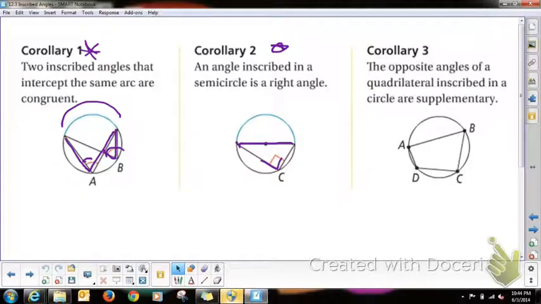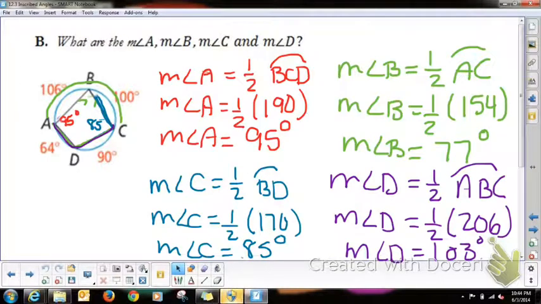And then corollary 3: The opposite angles of a quadrilateral inscribed in a circle are supplementary. So if you look back up at that last example that we had, the opposite angles are supplementary, which conveniently worked out for us, that it was A and C, right?